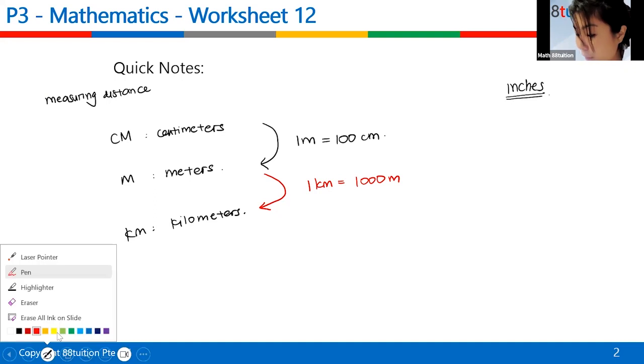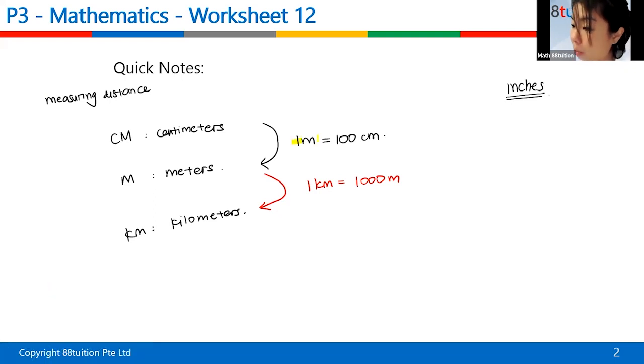These are the two very important things that you need to remember today: the conversion from cm to meters, vice versa, and from km to meters and vice versa. Most of our questions today will be based on this conversion.